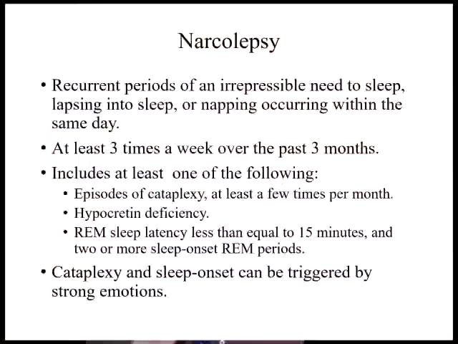So when we say cataplexy, that's basically paralysis. You just lose muscle tone and you just go down. A lot of times when you fall asleep, your head may just nod over, but if you go into cataplexy, you just lose it all. You may just roll right over onto the floor.